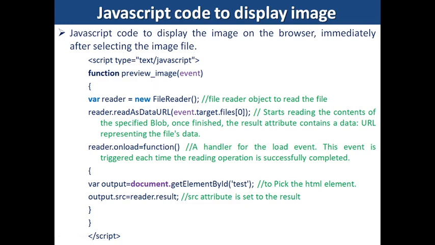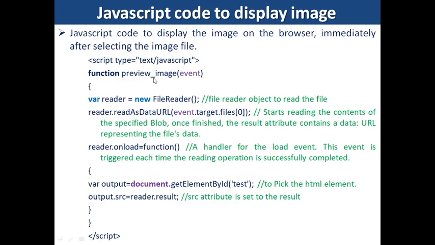And after that, within that function, you will instantiate a FileReader object, which is used to read the file. It is a class in the JavaScript language. Once it is instantiated, we will read the file as data URL. So reader.readAsDataURL, which file will we read? Event.